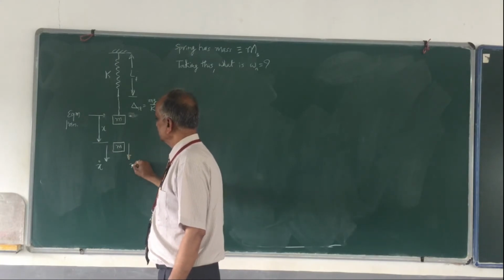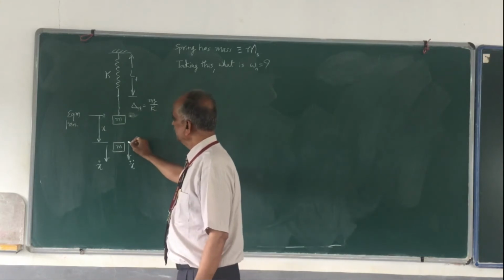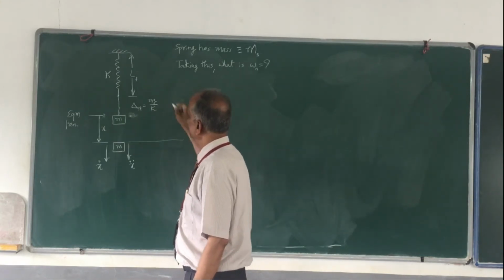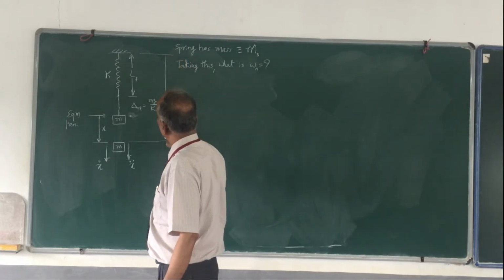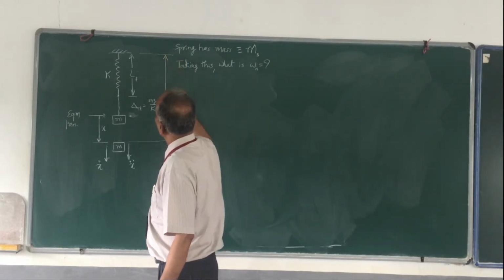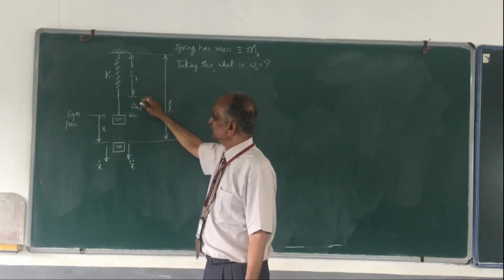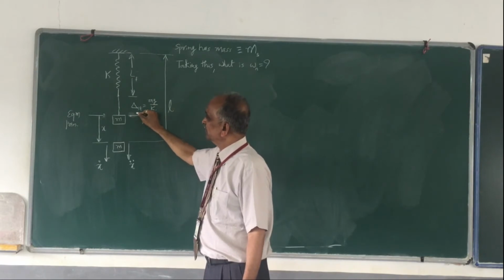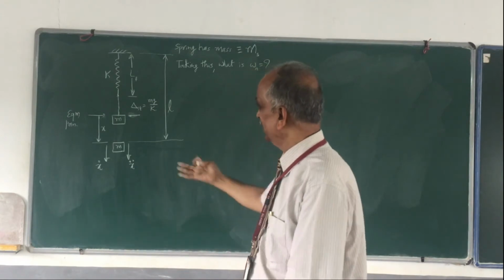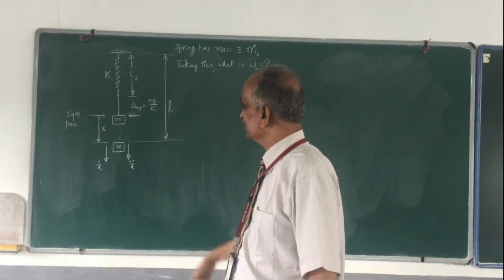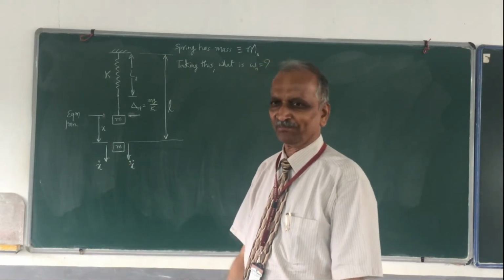Yes, x double dot is the acceleration. Let me assume this distance from here to here is L. So L is actually LF plus delta ST plus x. Ultimately, by the time I reach the end of the analysis, that L shall vanish.